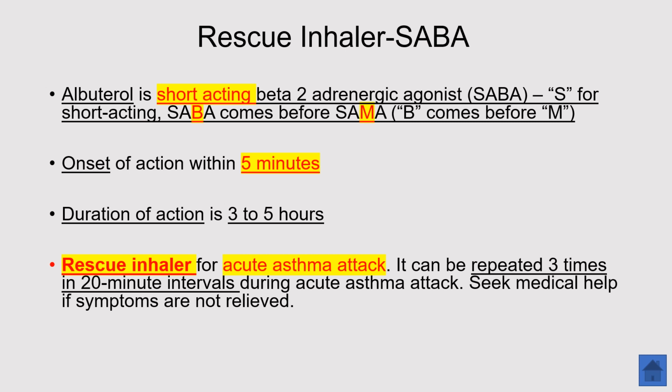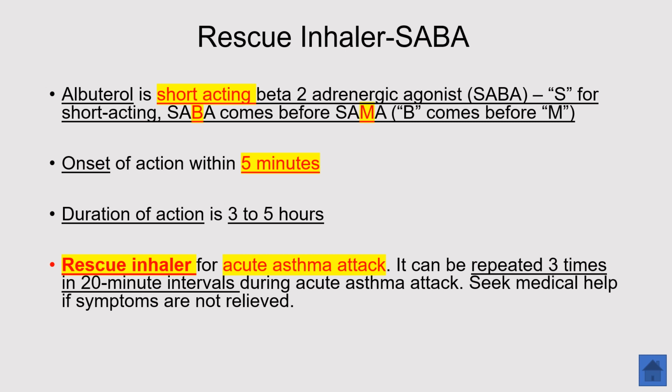All right, so as the name suggests, it's a rescue inhaler, and it can be repeated 3 times. Say, for example, somebody's having an asthma attack, and so they take a puff, wait for 20 minutes, take another puff, wait for 20 minutes, and take another puff. In between those puffs, you need to educate the client to notice whether they're getting any better.